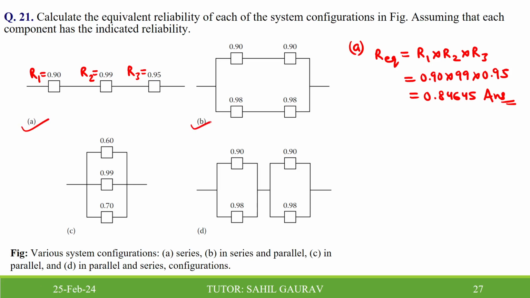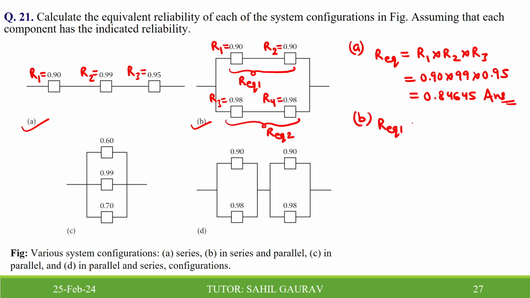Now for the B part. We go step by step. Let us take R equivalent 1 for this series connection, and R equivalent 2 for this other series connection. R1 is given as 0.90, R2 is 0.90, R3 is 0.98, and R4 is 0.98.